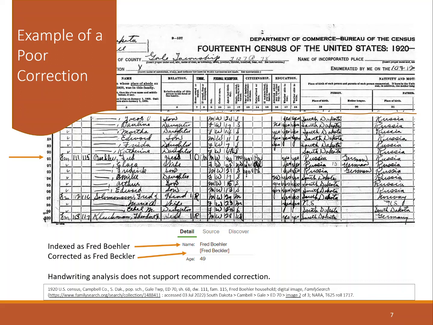It will be in brackets. That is a corrected name. So what you'll have is the original transcription, and then in brackets somebody else's correction. And somebody said that this should have been Fred Beckler. So you can imagine somebody out there is searching for a relative, saw this and said, "This is Fred Beckler."